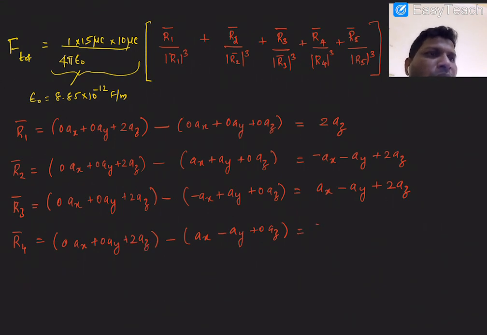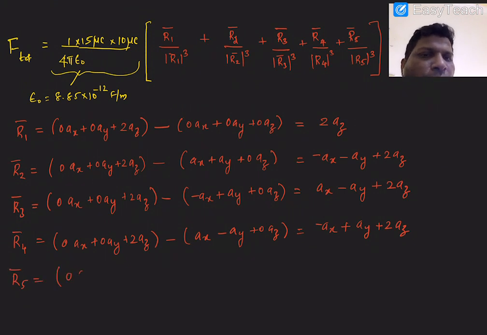So this will give you minus ax plus ay plus 2 az.